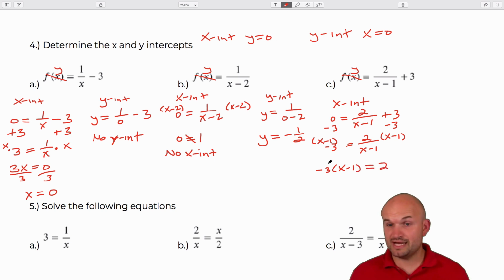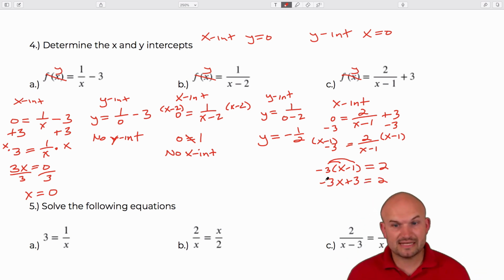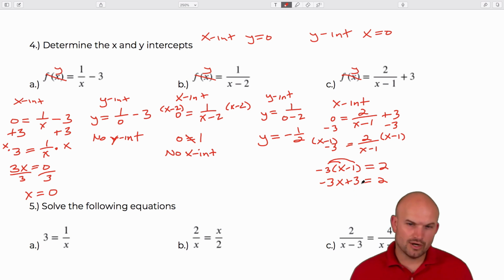So therefore, I'm left with negative 3 times x minus 1 is equal to 2. Now I'm going to want to apply the distributive property here. I didn't do it just because I wanted to make sure you could see my steps, but I get negative 3x plus 3 is equal to 2. Now it just goes into using inverse operations to solve.